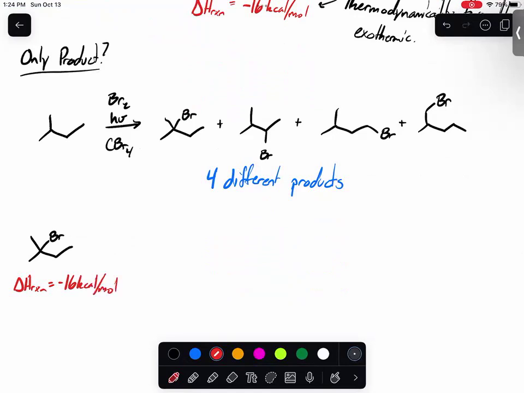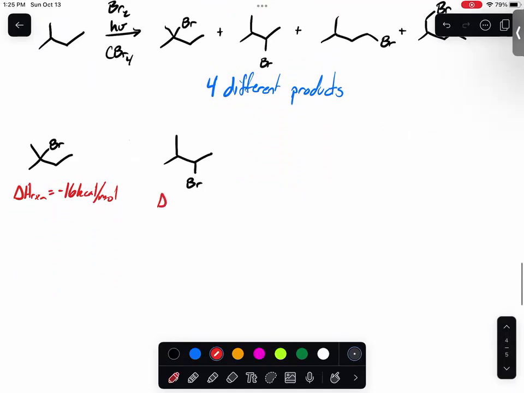On the other hand, as we start to move down the line, the secondary has a delta H of reaction that's negative 15 kilocalories per mole. That's not much different. As a matter of fact, that's barely different enough to support that one would be in so much more percentage than the other.